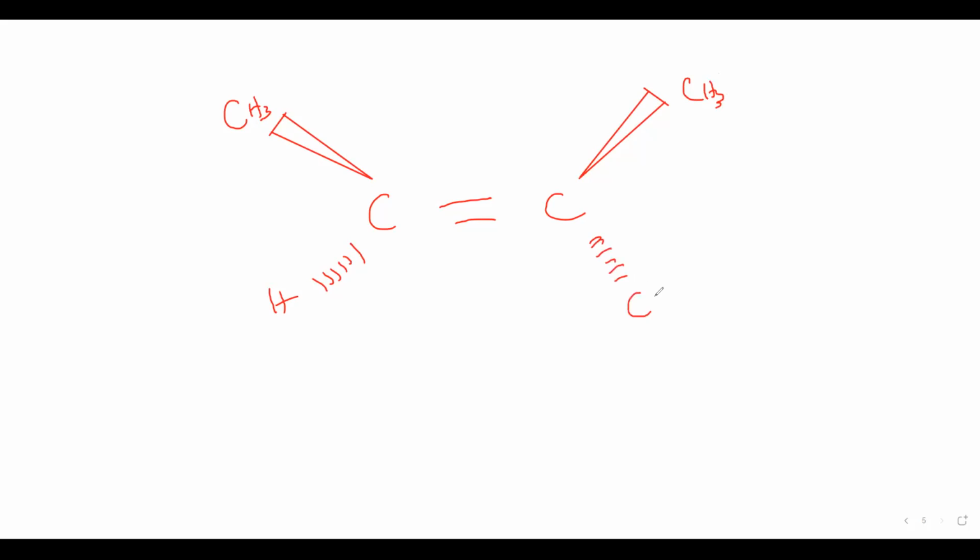Same way, sometimes identical groups are attached. In that case, it does not exhibit a geometrical isomer. If identical groups are attached to the carbon atom, like here is CH3, here is H, and here we have CH3 and CH3.